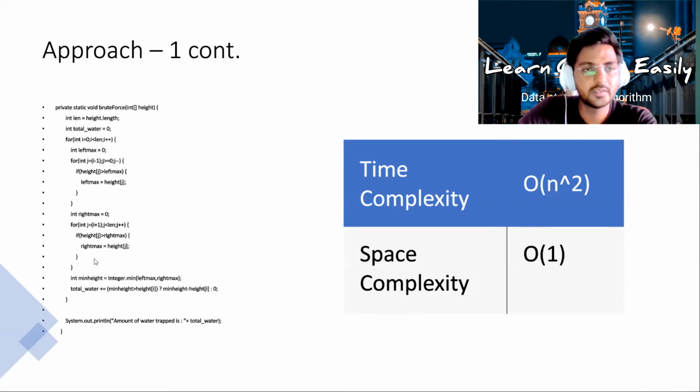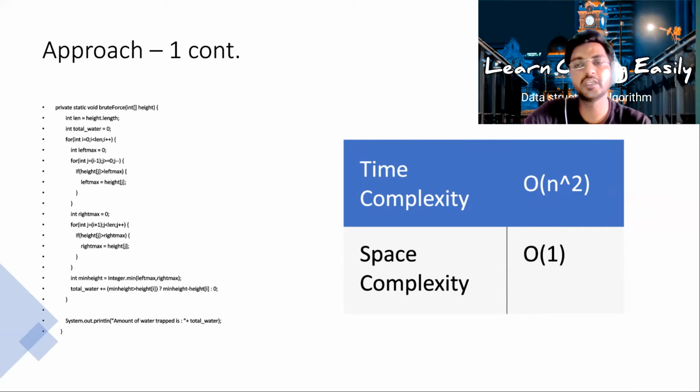Now, once you got these two, we will take the minimum of these two and subtract it with the current height. We will get the amount of water. Now here we are running 2 loops, so the time complexity will be O(n squared) and the space complexity will be O(1). So this is the simple brute force approach. That's why time complexity is n squared.